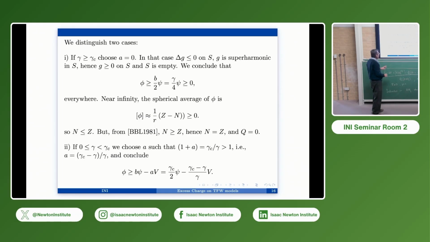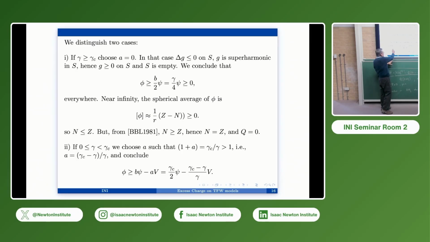So there are two results, above and below the critical constant. For proving the case when gamma is bigger or equal to gamma c, you choose the constant A equal to 0, and you do the same sort of method as before, and you have the result.